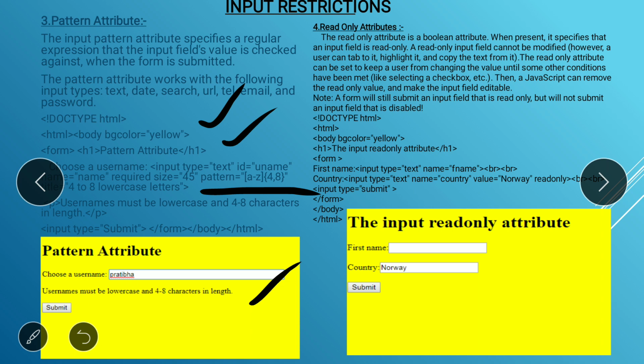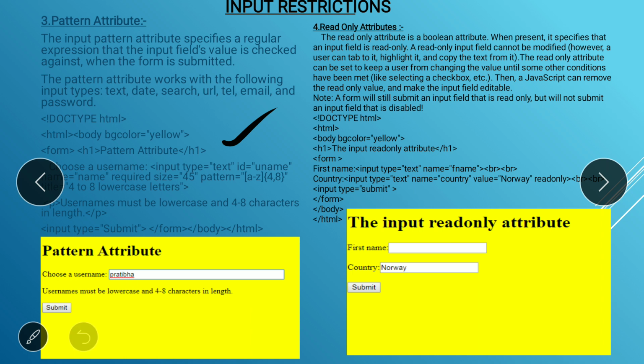So like that you have to set the pattern for the controls. Okay, so here I already mentioned in the paragraph: username must be lowercase and 4 to 8 characters in length. So this is a username, not a password, sorry. You have to mention a username, small letters a to z, and length will be 4 to 8.